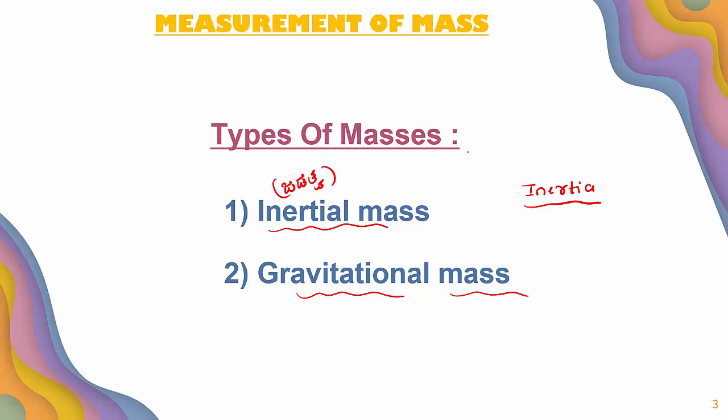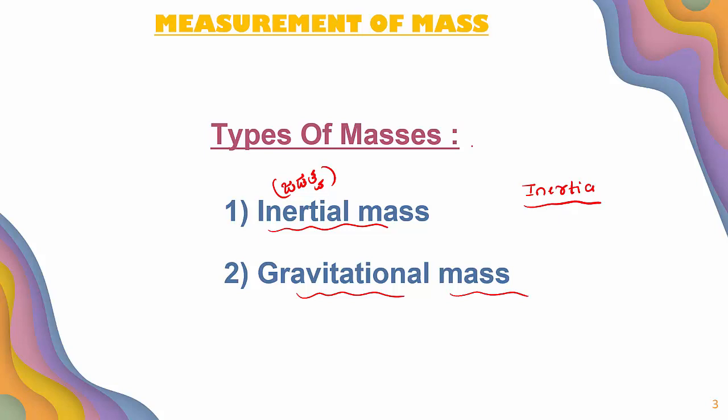Inertia. This is Newton's first law of motion. Can you remember the definition of inertia? Inertia is the opposition offered by an object to change its state of rest or uniform motion or direction.